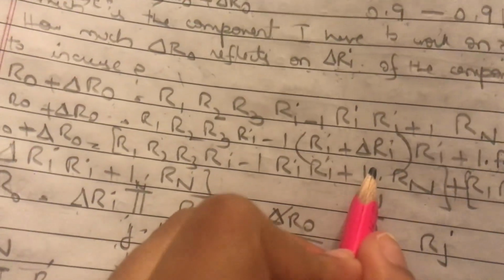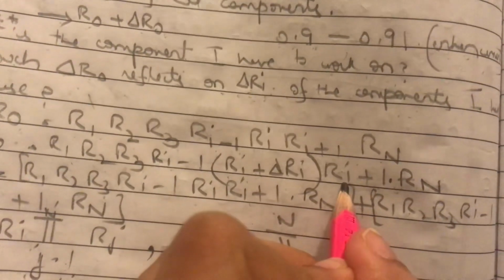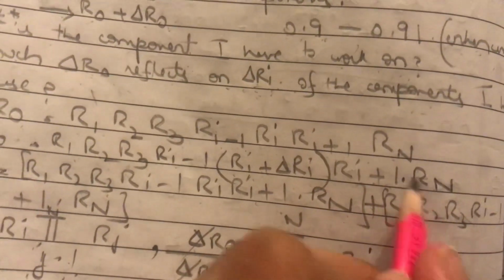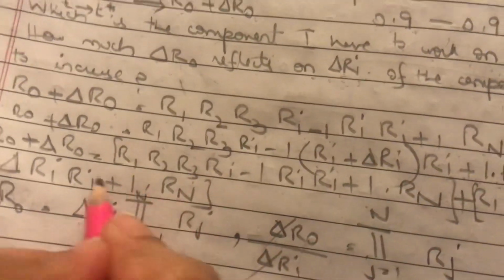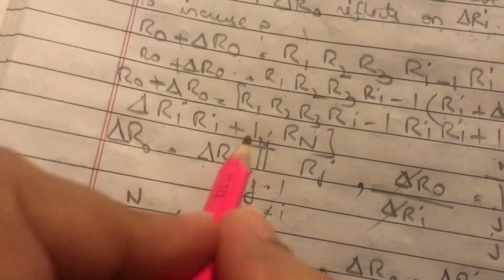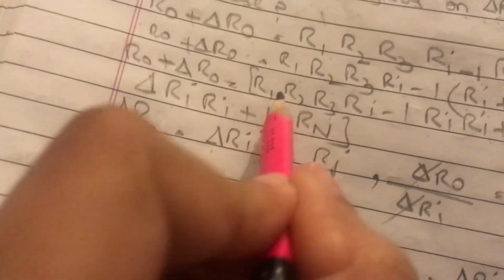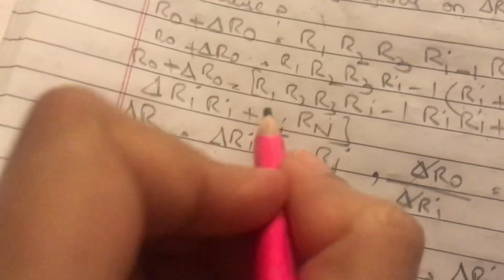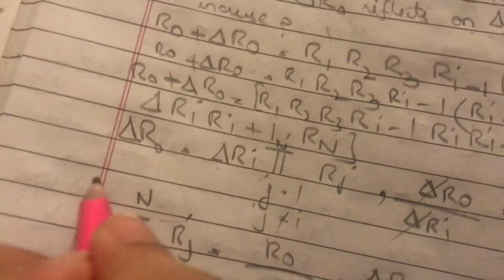This delta Ri comes here, and the rest, Ri plus 1 up to Rn, goes in the same way, as it was. So we have another form to represent this whole equation. It's quite lengthy, so we can represent it in this form also.